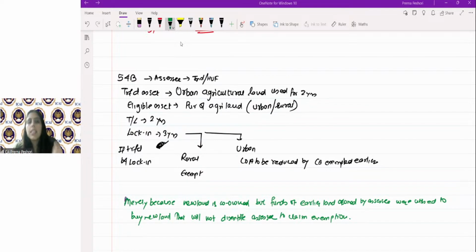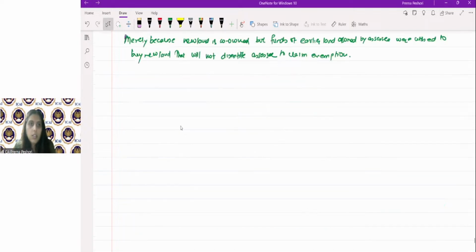Okay. Next is under 54D. Now, under 54D, what is the exemption? The exemption under section 54D is on account of the compulsory acquisition of land and building of an industrial undertaking.